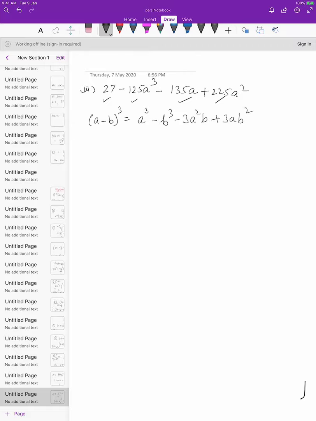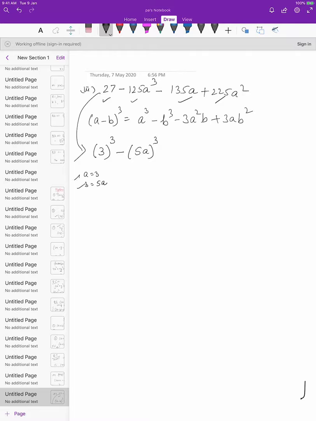Let's try to write the given expression's first 2 terms in the form of 2 perfect cubes. 27 is a cube of 3, so it is 3 cube, minus 125 is a cube of 5, and a cube is already there, so I can write it as (5a) whole cube. So at least I can say my a can be 3 and b can be 5a.